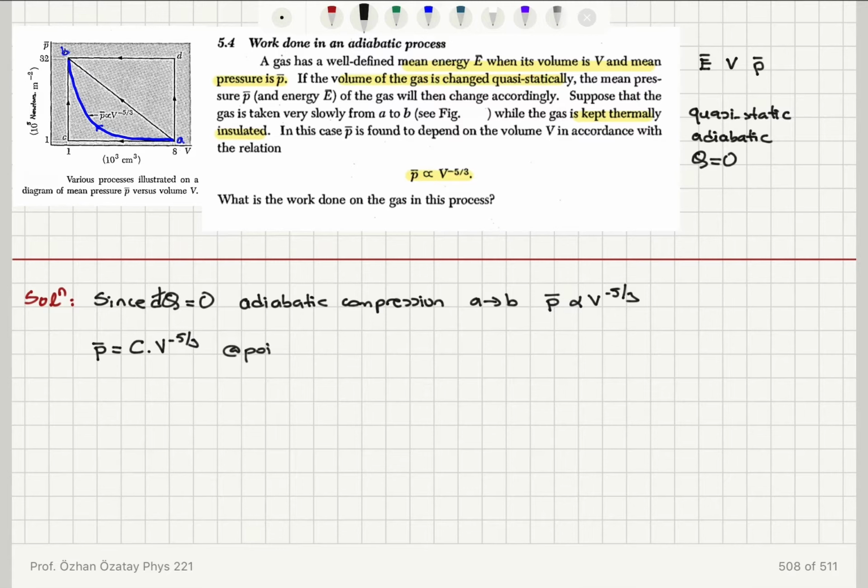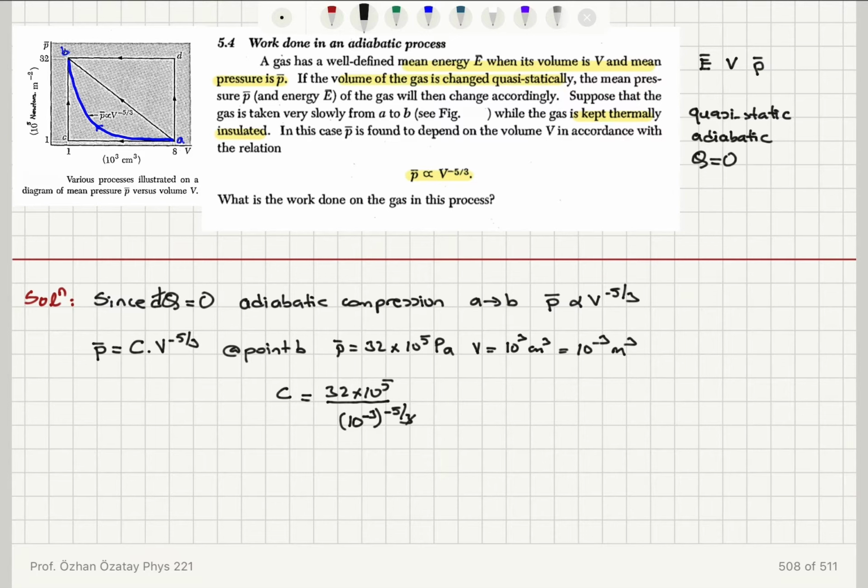At point B I have pressure equals 32 times 10 to 5 pascals, and the volume equals 10 to 3 centimeter cube, which is 10 to minus 3 meter cube. So this constant C should be equal to 32 times 10 to 5 pascals divided by 10 to minus 3 to the power minus 5/3.